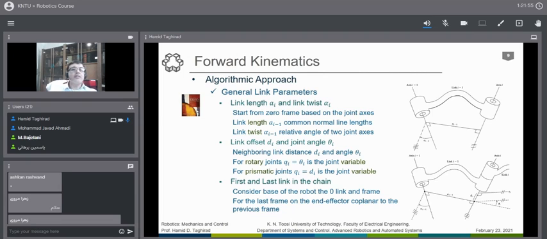So the concept I will give you is the same, but I don't go through the Craig book. I go through the notation which is used in most of the books and most of the papers that you will see. Of course, some books and some papers are using Craig's.